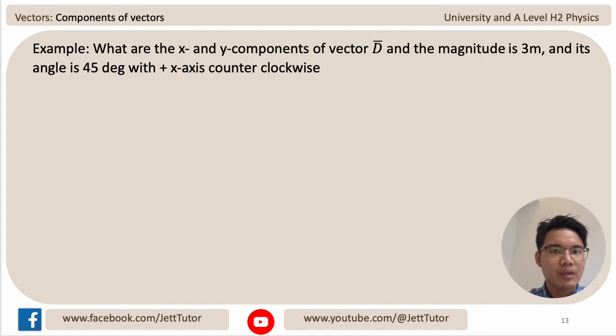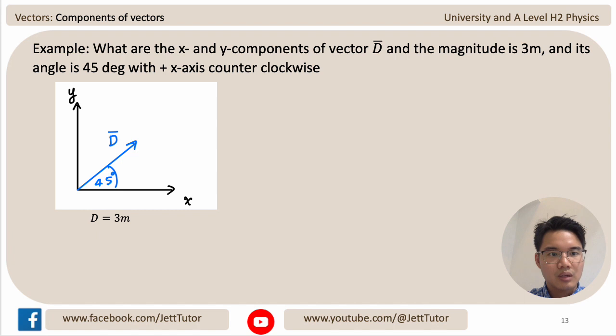Example: what are the x and y components of vector D, whose magnitude is 3 meters and whose angle is 45 degrees with the plus x axis, counterclockwise? So first we draw the picture. And what are the xy components of D?